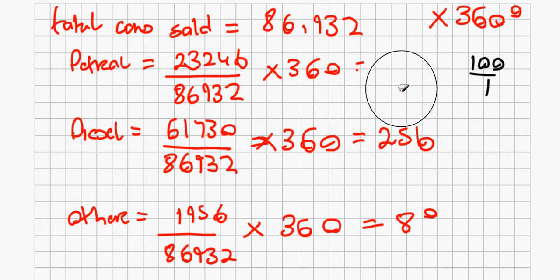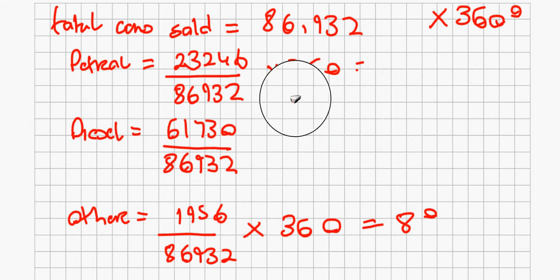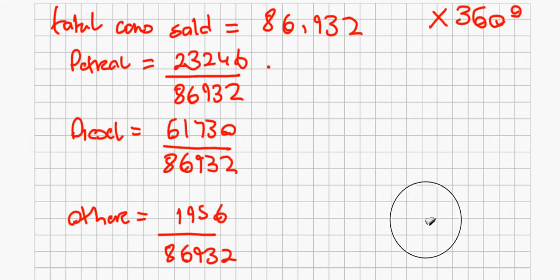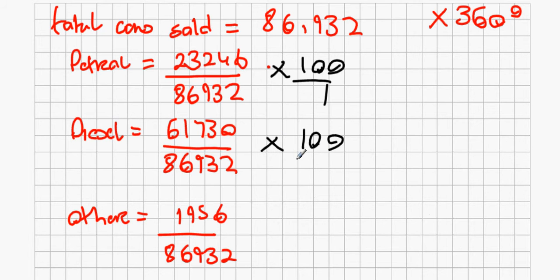So to change fractions into percentages, you just multiply by 100 over 1. So what we'll get this time for each section is, other is going to be 1956 divided by 86932 multiplied by 100.